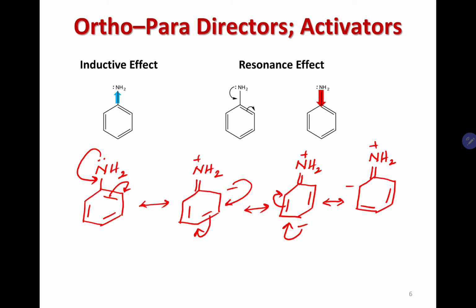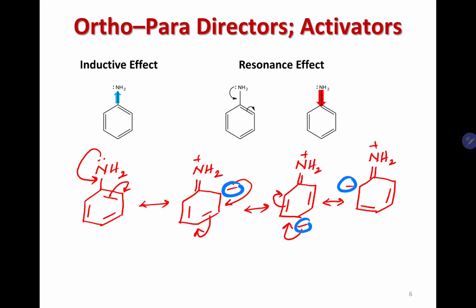If you draw resonance structures for aniline, you will realize that it can increase the electron density on ortho or para positions of benzene. So you will generate a negative charge on ortho or para positions, which means benzene has more electron density on ortho carbons and para carbons, right?